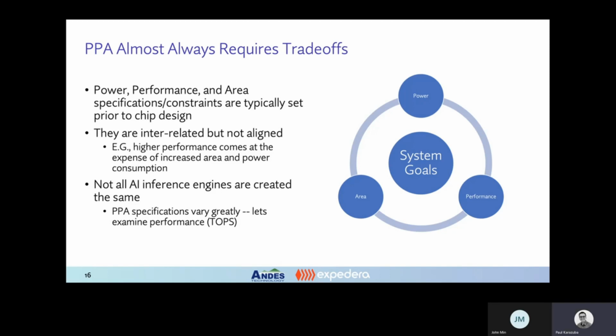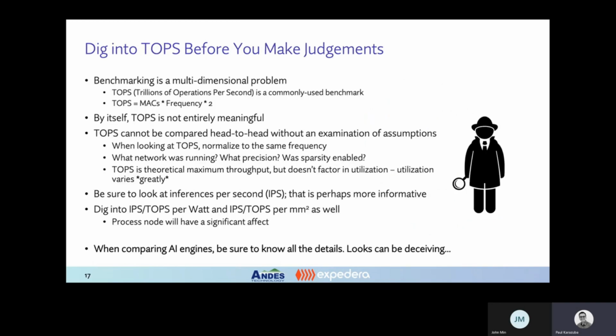And when we look at PPA and we look at AI inference engines, not all inference engines are created the same. Specifications vary greatly, and I want to examine just a single instance of how specifications vary greatly and how you really need to look into that. We're going to use TOPS as an example.